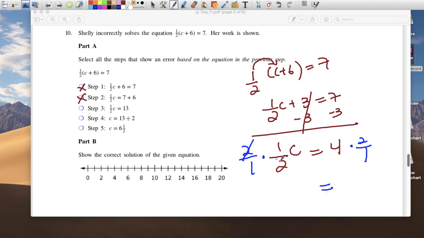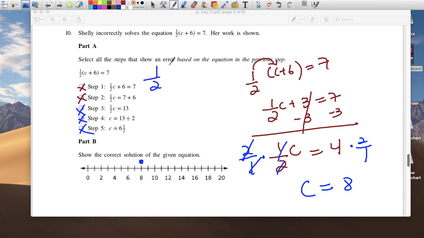We do that because these cross out, and it isolates our variable, c. 4 times 2 is 8, and 8 divided by 1 is just 8. So the answer would have been c equals 8, and that should have been just this dot right here. It's the only number that I can put back in the equation and make that equation true.